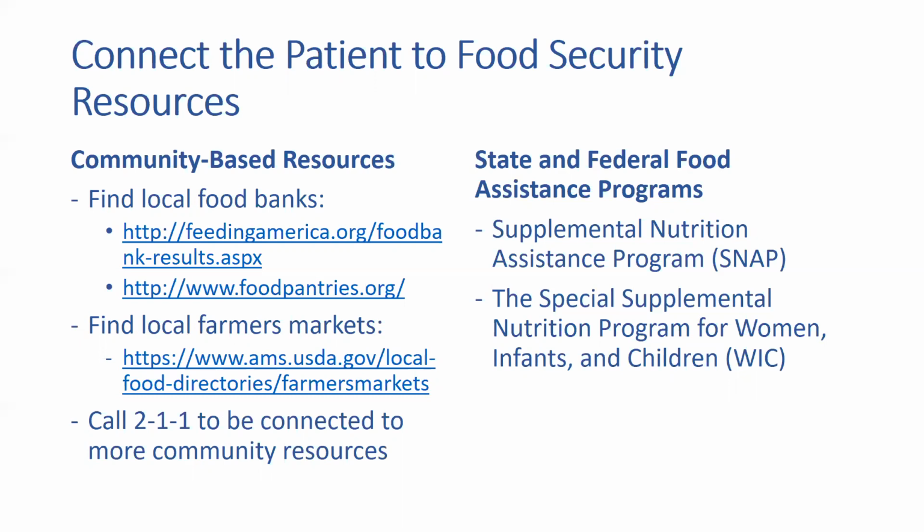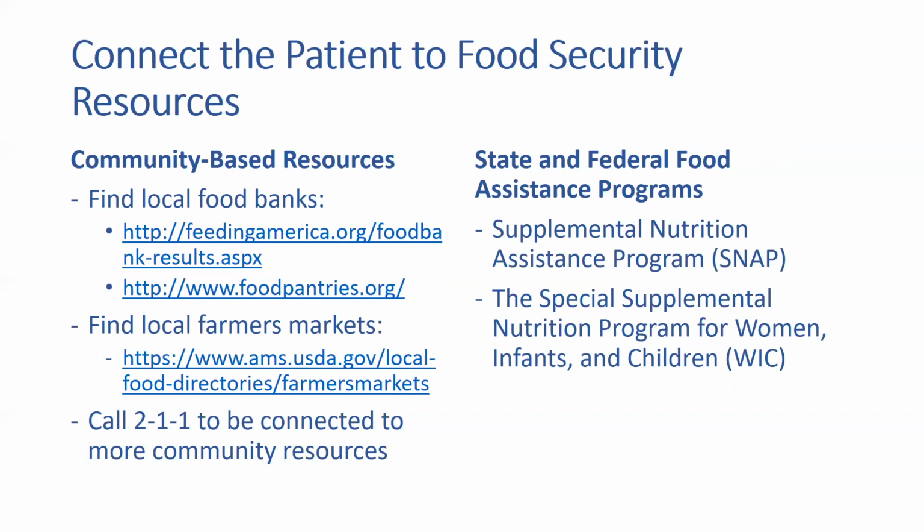There's also a tools for connecting patients to resources document in the course materials where you have all these links and descriptions of them. And the last community-based resource is calling 211. 211 is a great resource to call and connect patients not only to food resources, but so many other community resources. So don't be afraid to give that number a call.